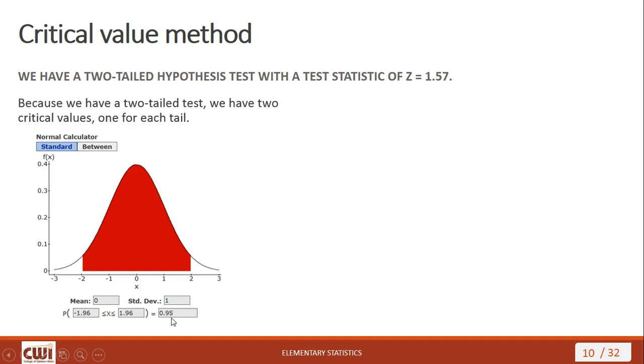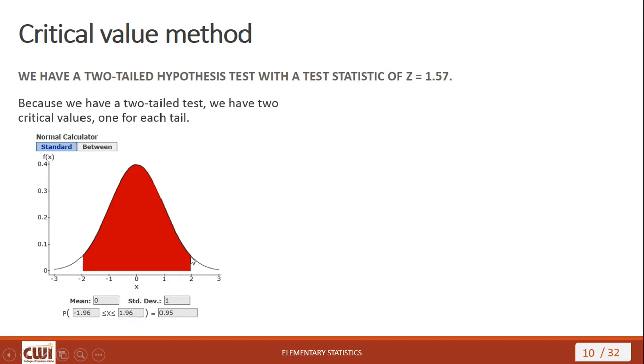Why are we putting in 0.95? Well, because the area in the tails is equal to alpha, and we set alpha equal to 5%. So the area in between the tails, which is what the calculator in StatCrunch is calculating, has to be the complement to alpha, and therefore we take 1 minus 0.05 to get 0.95 that we put into our calculator in StatCrunch. Press compute, and out come our critical values. Negative 1.96 is the boundary for the tail on the left.